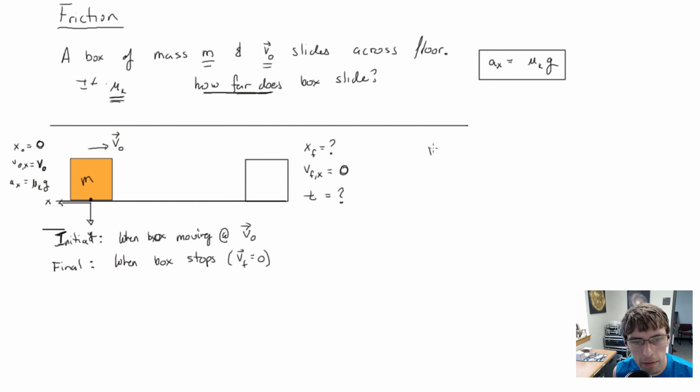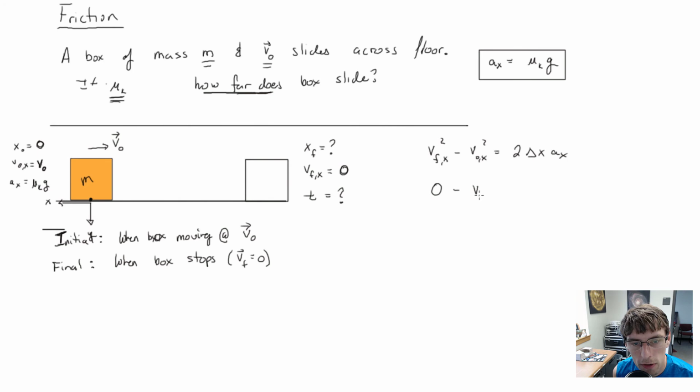I'll write it down. We have v final squared, x direction, minus v initial in the x direction squared is equal to 2 delta x, a x. And now you see why I keep putting these subscripts in. It's reminding me I'm only dealing with the x direction. Well, let's go ahead and plug in our values. We get 0 here.